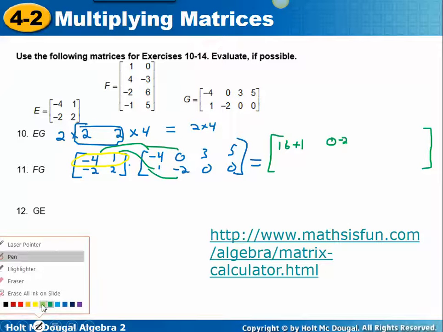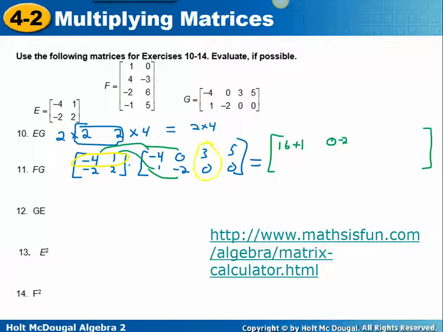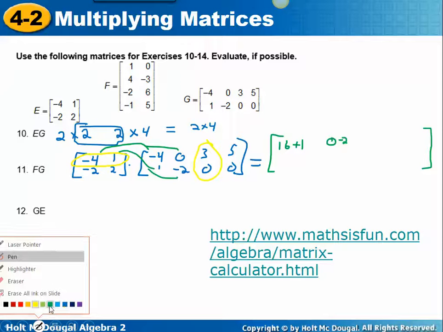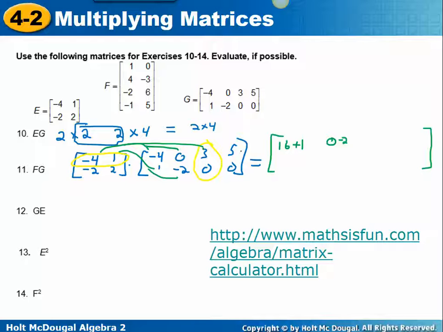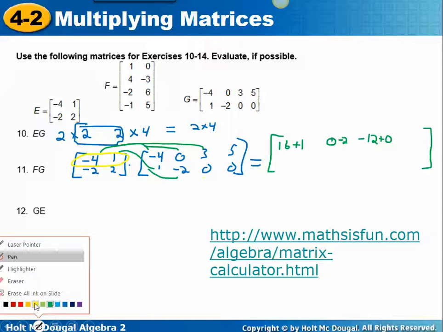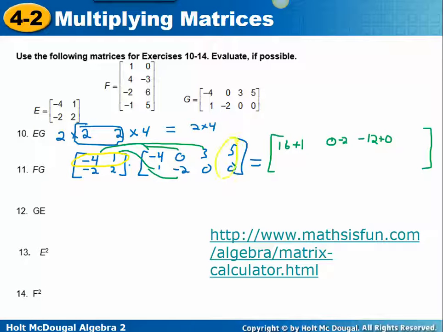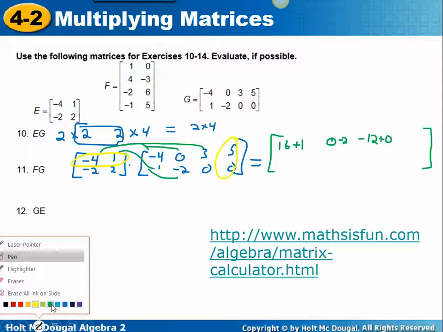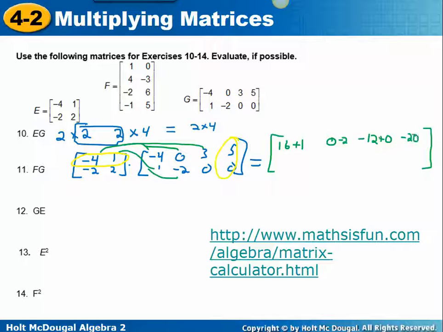Now I go over to the third column and I multiply -4 times 3, that's -12, plus 1 times 0. Oh good, another 0. And then I move my column over, and now I take -4 times 5, which is -20, plus 1 times 0, 0. Great, lots of zeros. Okay, now we're all done with the first row.